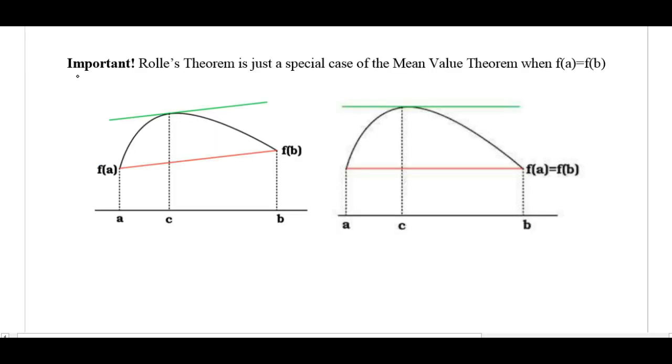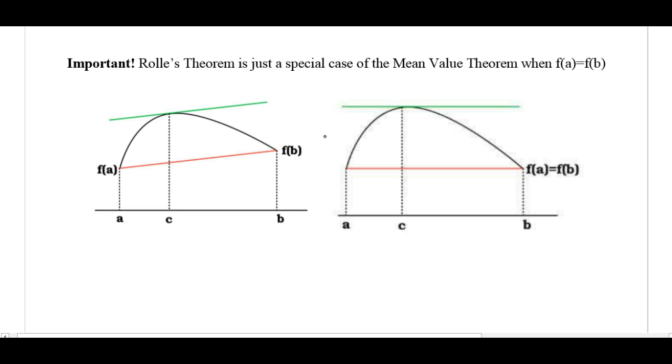Alright, so before we move on to examples, I want to reiterate a really important point, that Rolle's theorem is just a special case of the mean value theorem when f of a equals f of b. So this image on the left corresponded to the mean value theorem graphical interpretation. So if I have that interval from a to b where I'm continuous and differentiable, then there's some place c where the slope of the tangent line is equal to the slope of the secant line between the two endpoints.